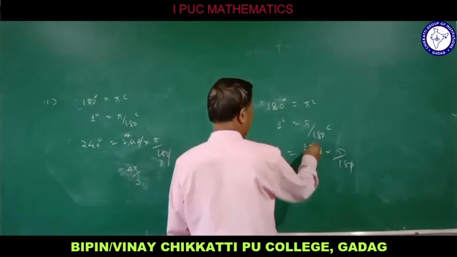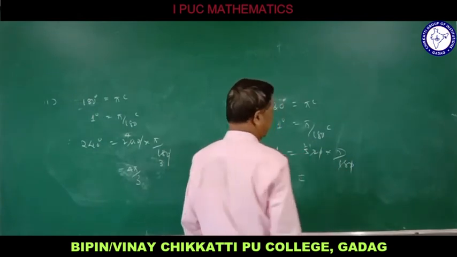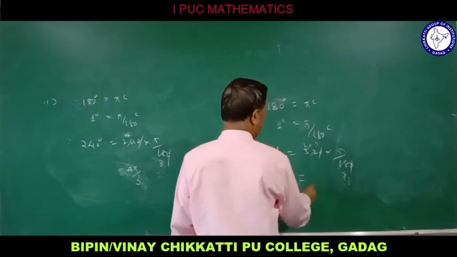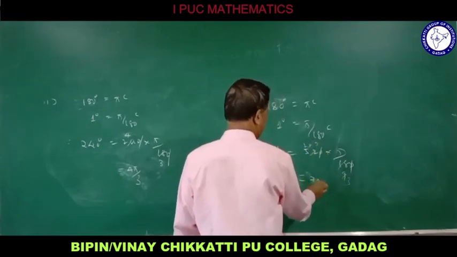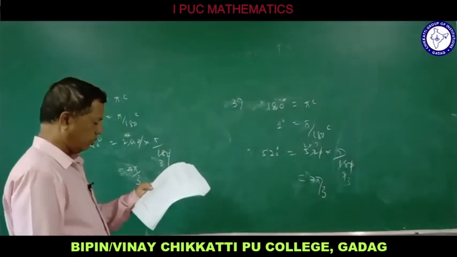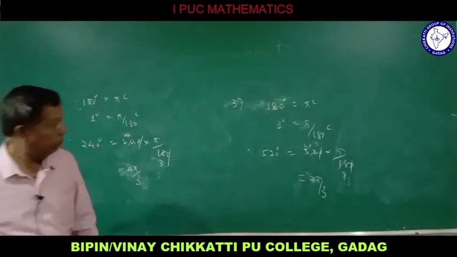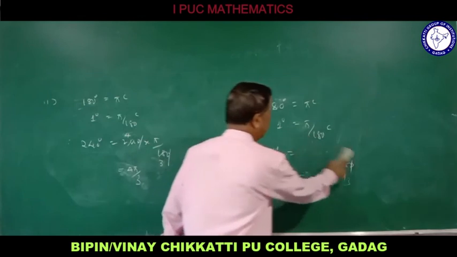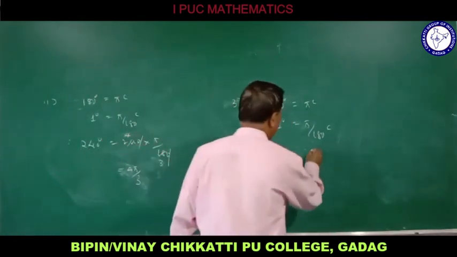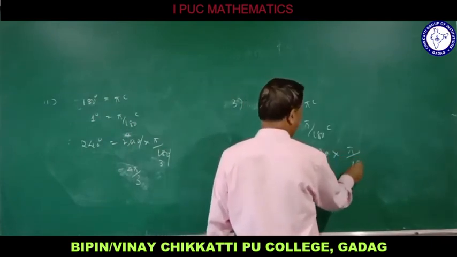So 2 2s are 4, 2 1s are 2, and 2 9s are 18. Again you have to see 3 3s are 9. Let us see once again how it should be simplified. You have to cancel it: 520 into pi by 180 radian.